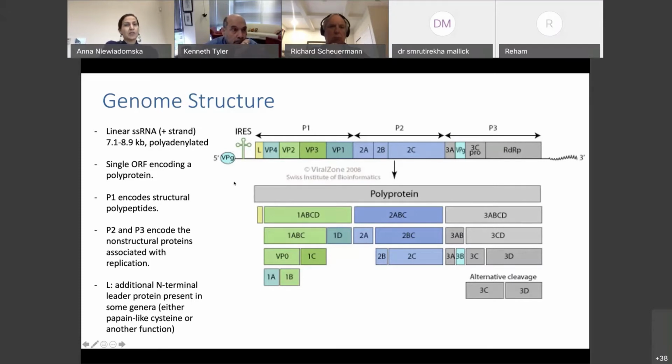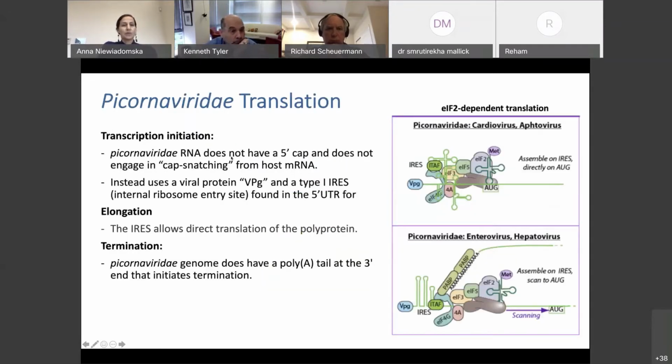So rather than engaging in cap snatching or using host mRNA as a 5' cap, it uses the IRES region, the internal ribosomal entry site, as well as the VPg protein as the primer, as the initiation factor to bring together all of the translation initiation factors that assemble either directly on the first start site for the polyprotein or upstream of it and then go on to scan the viral RNA for the first methionine coding region.